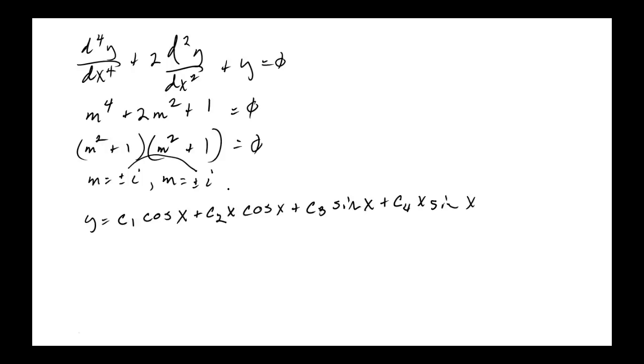If you had k roots, then that'd be x e to the alpha x cosine beta x, x squared e to the alpha x cosine beta x, all the way up to x to the k minus 1 power e to the alpha x cosine beta x.